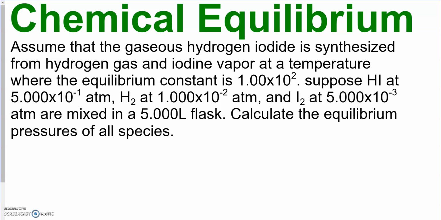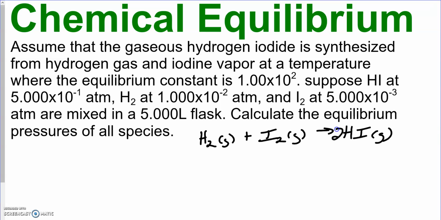So our first step is going to be to write our balanced chemical equation. We have hydrogen iodide being synthesized from hydrogen gas and iodine vapor, forming gaseous hydrogen iodide, and of course with balancing we end up with this. So easy peasy. We're then told we have these initial concentrations, and we're told our K value.